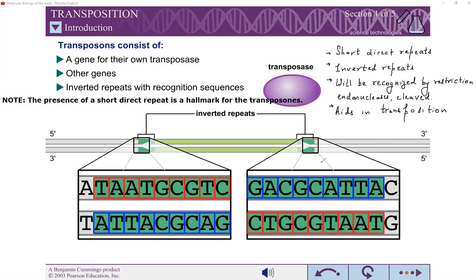So these inverted repeats are the ones that will help the process of transposition take place from one location to the other. Where this transposon is going to move will depend upon the type of inverted repeat that is present.